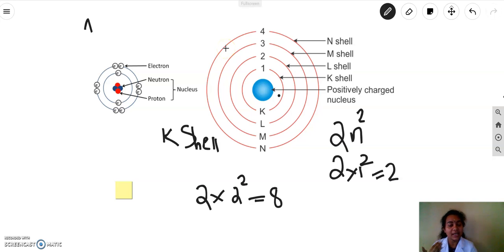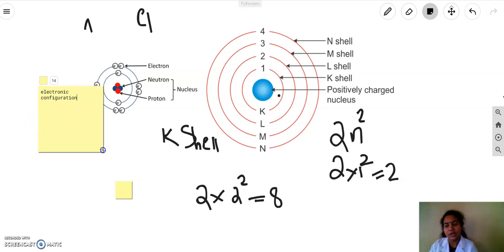So the electrons are arranged by this method. This arrangement of electrons in each shell, or the distribution of the electrons, is known as electronic configuration.